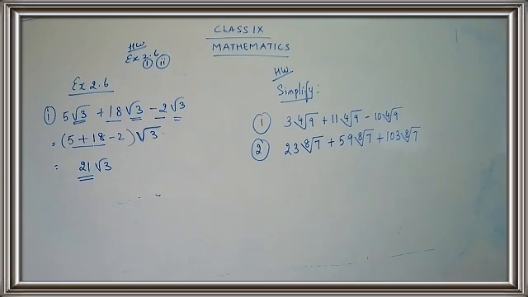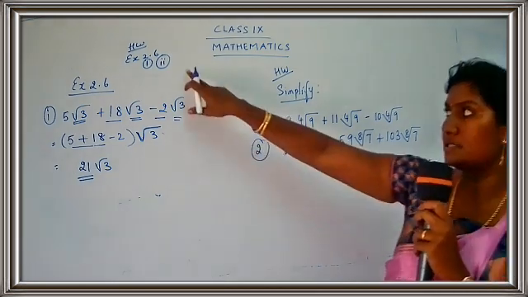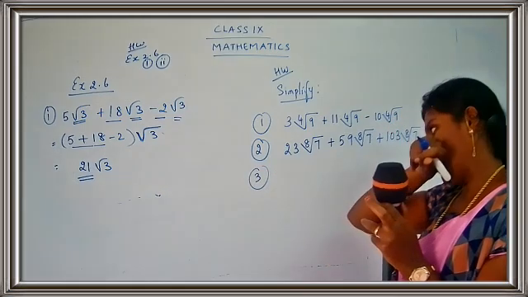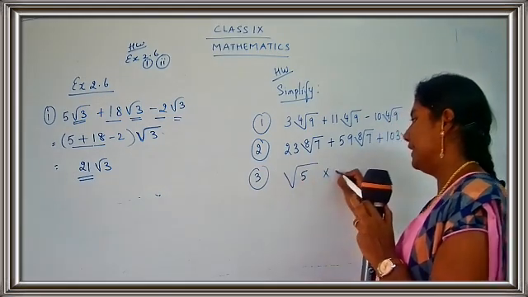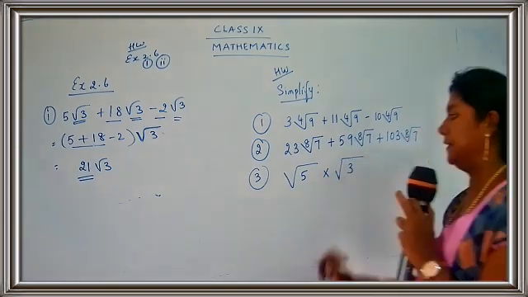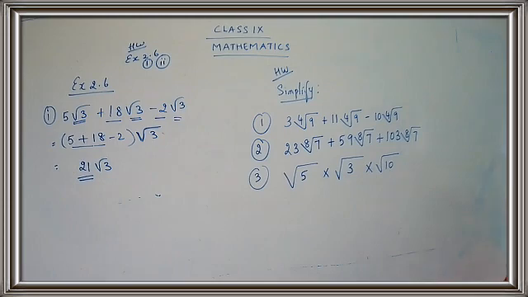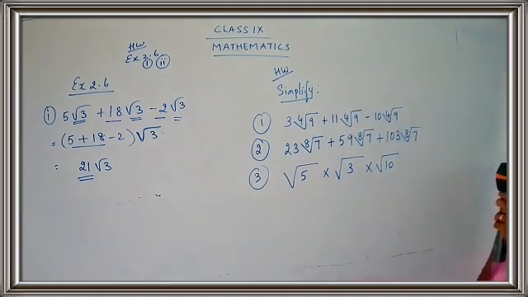Two more questions, okay, children. So totally 5 questions for homework. Already 2 are given over here. 1 is there in your textbook. 2 more sums. Okay. Square root of 5 into square root of 3 into square root of 10. Your third question.